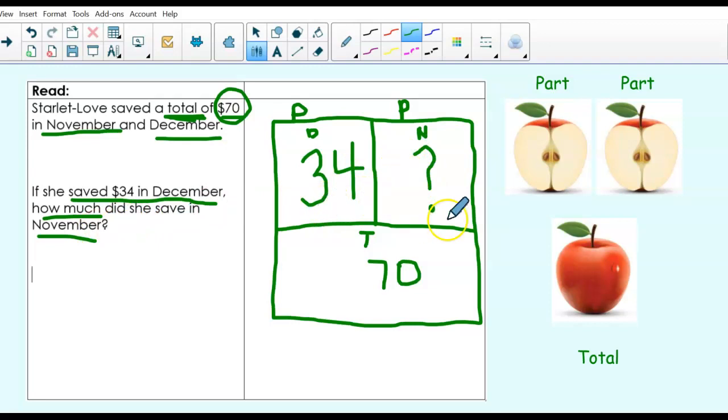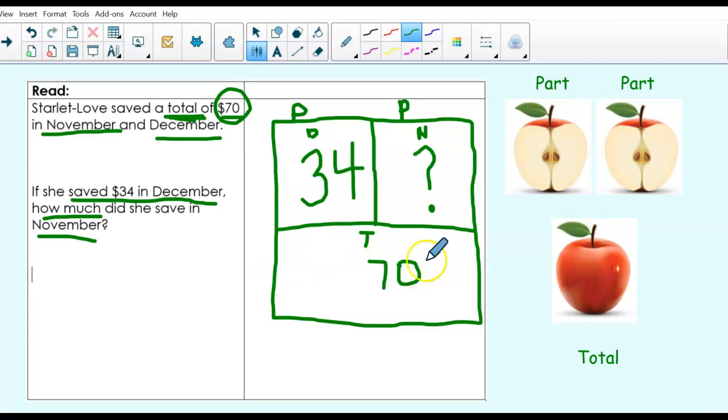Now, boys and girls, remember, if we add 34 plus the number that we do not know, our total would be 70. But since we don't know the other number to add to 34, we're going to have to subtract. We're going to have to do the opposite of adding.